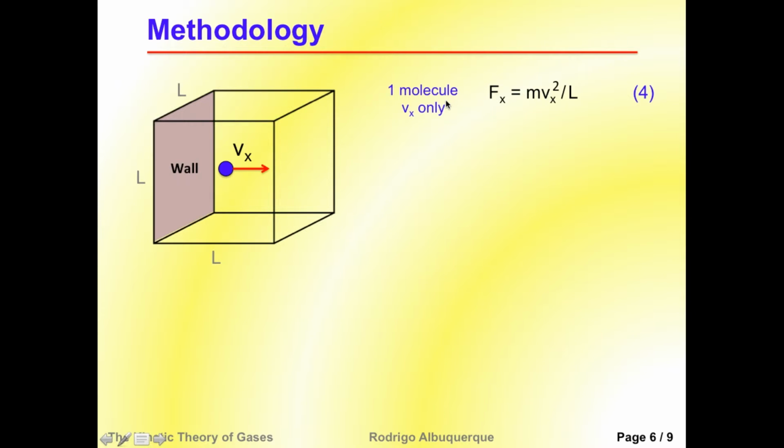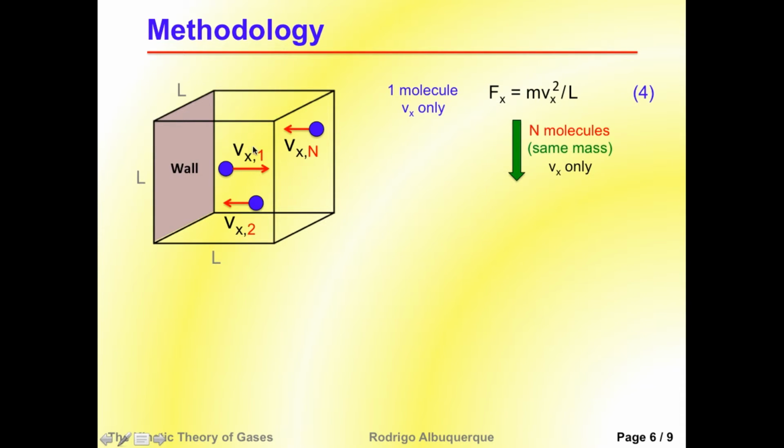Now we have just used one single molecule inside this box and just the x component of the velocity. Let's expand this concept to consider many molecules. Let's consider n molecules inside this box. All of them have the same mass, and let's still keep just the x component of the velocity, Vx.